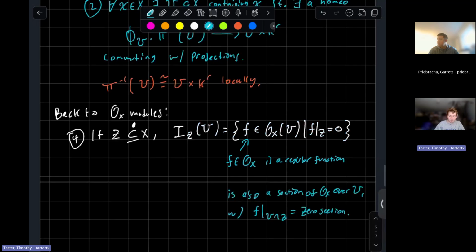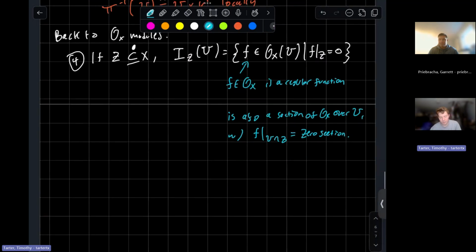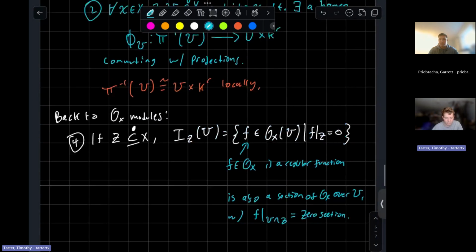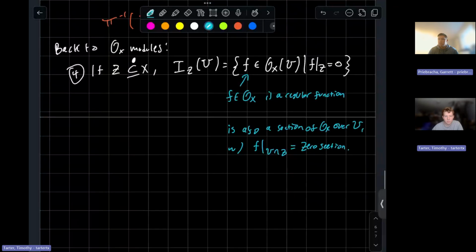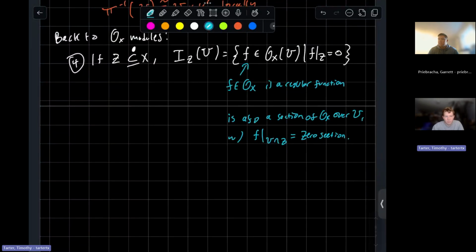And so is it a regular function? Yes, it's a regular function that vanishes on Z. Or rather, if we take this at a point, it is the germ of a function near x that vanishes at x on Z.